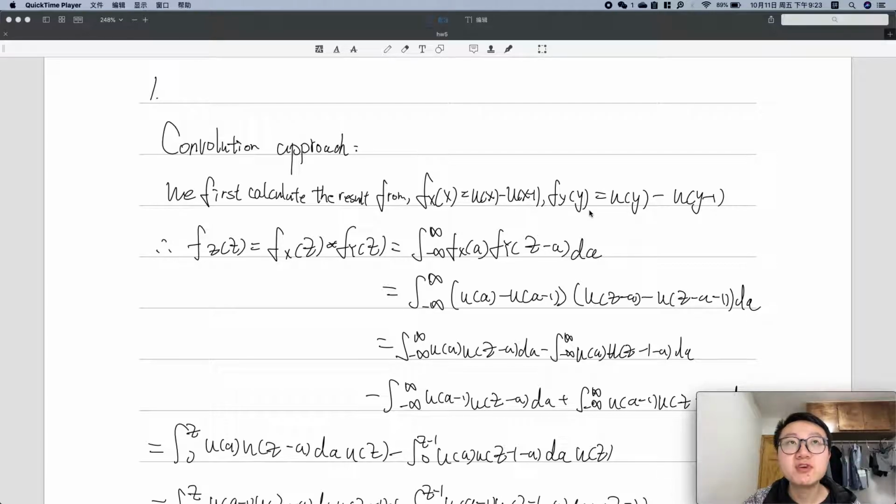After finishing the calculation, we can move the result to the right by 1, and we get the whole result of this question.